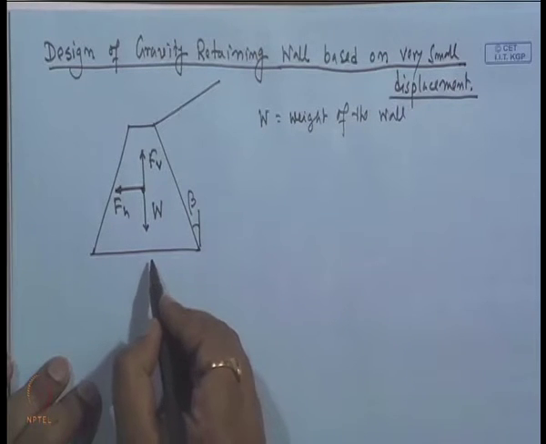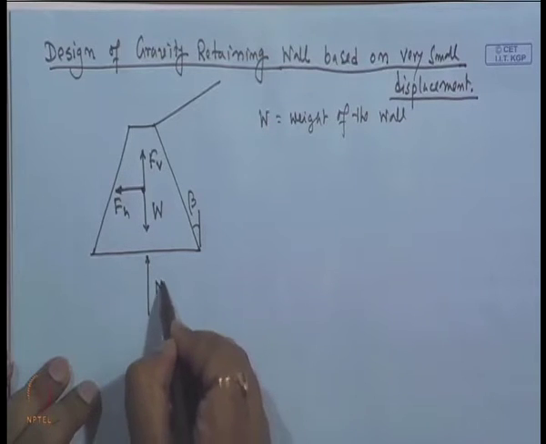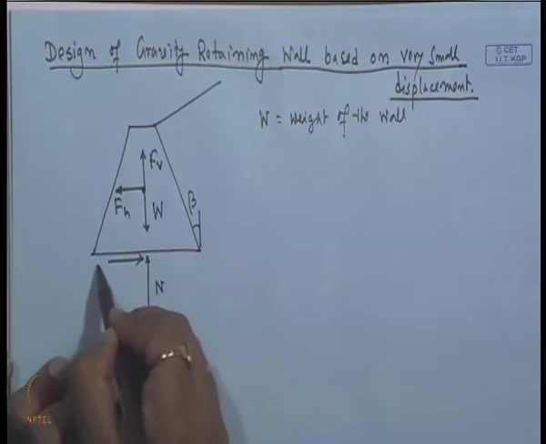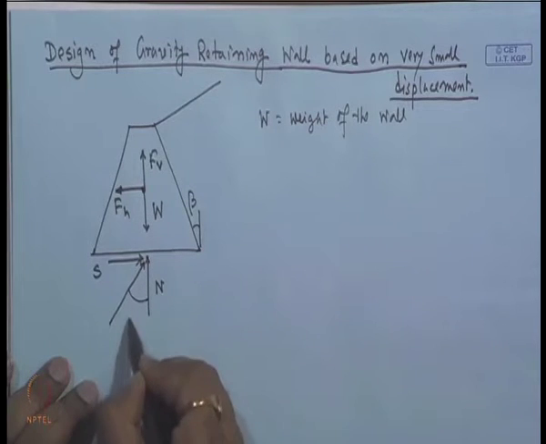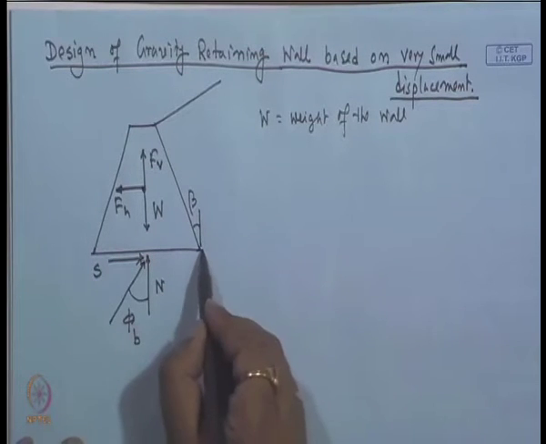Now, here we can write that this is the normal force and this is the shear force which is acting, and this one may be the resultant force, acting at an angle of phi b, where phi b is the friction angle at the base of the retaining wall.